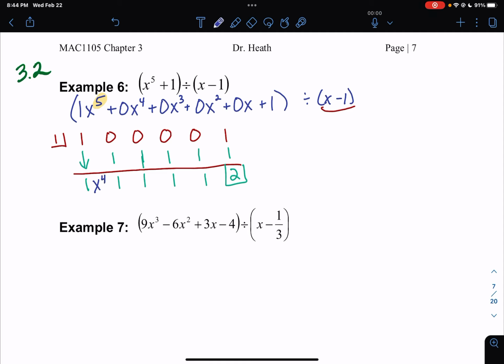So the coefficients of the x to the 4th, and then decreasing powers of x, and then that constant, and then the remainder, we can write our answer as x to the 4th plus x to the 3rd plus 1x to the 2nd, or just x to the 2nd plus x plus 1 plus 2, which is our remainder, over what we divided by, x minus 1.